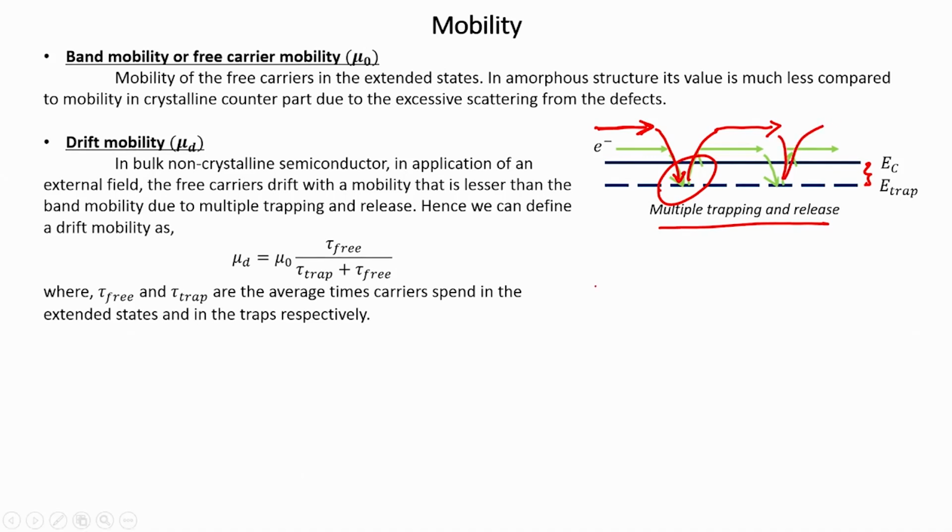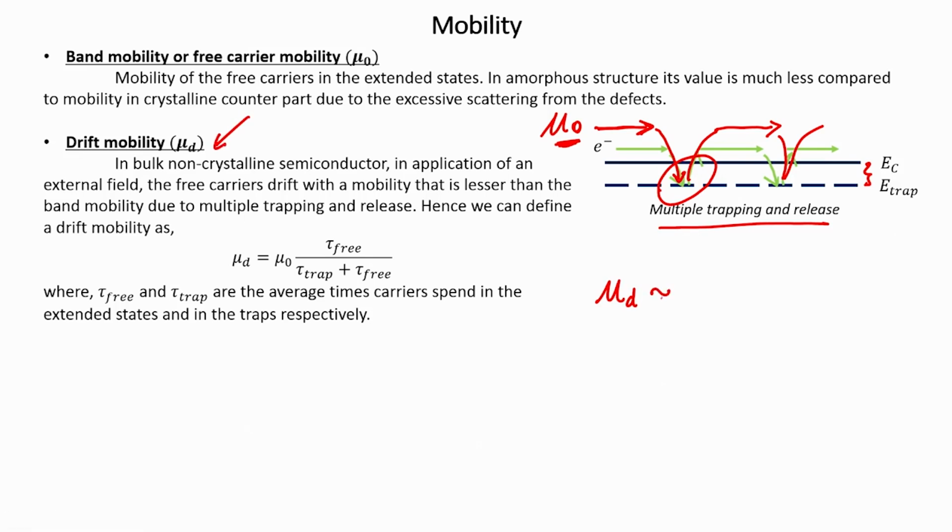And therefore, if one defines the extended state mobility of the carriers, which we call the free carrier mobility, as mu naught, then the effective mobility that one sees for carriers moving in a disordered material is, say, mu d, which we will call the drift mobility.